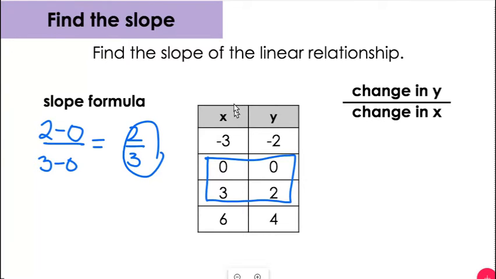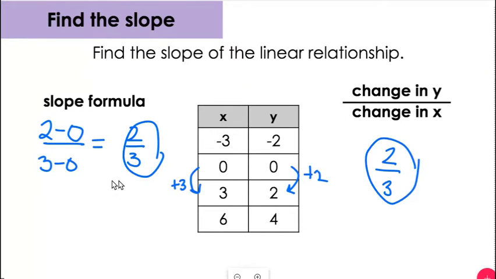Let's look at the pattern. This is easy still to go from the zeros to the 2. Increases by 2, my y's. My x's increase by 3. So 2/3 is still my slope.